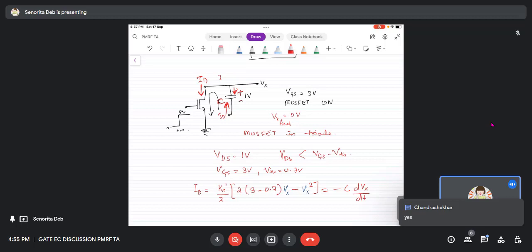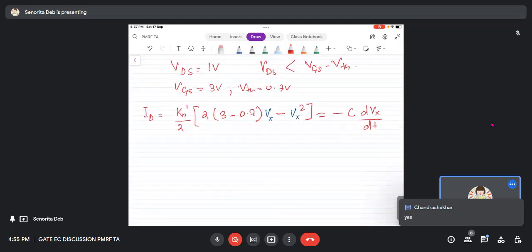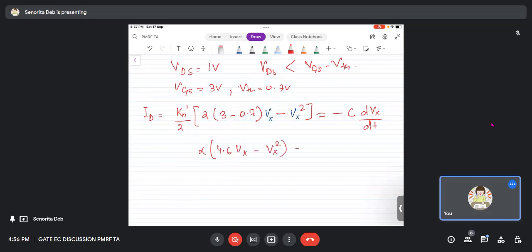Okay, so after this, if you solve this, I'm not doing the entire solution here. You can take all the constants to be some alpha, and it will come out to be like this. So this Kn dash by 2 into C, everything I have taken to be alpha. It doesn't matter because anyways we are going to find the graph.